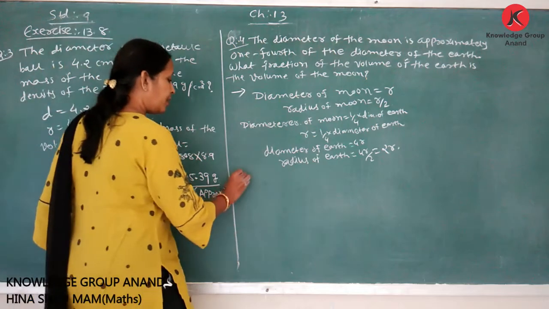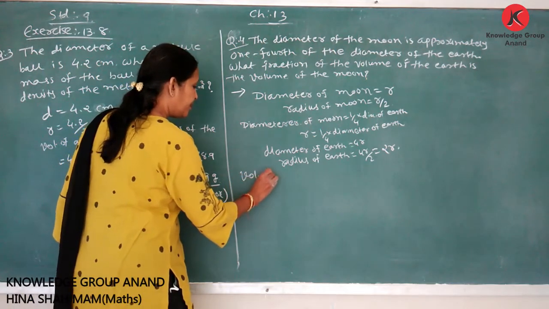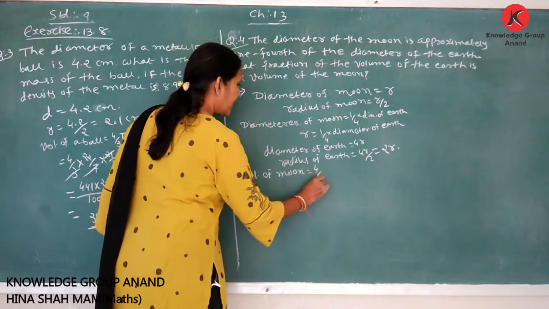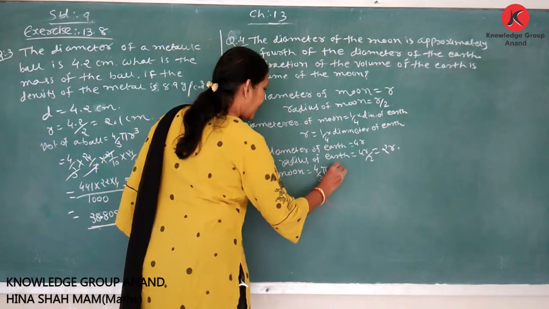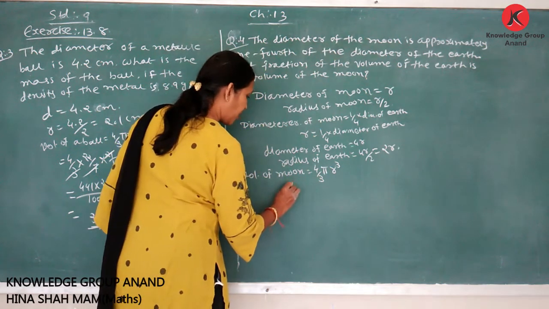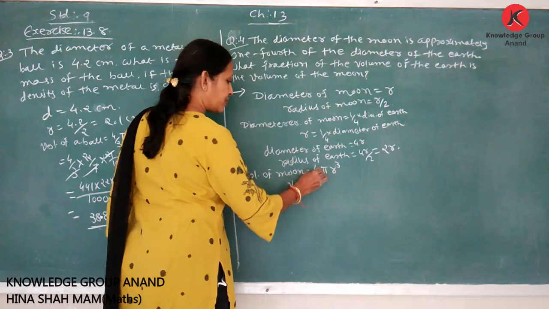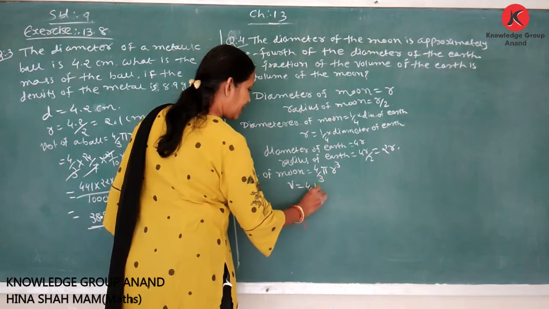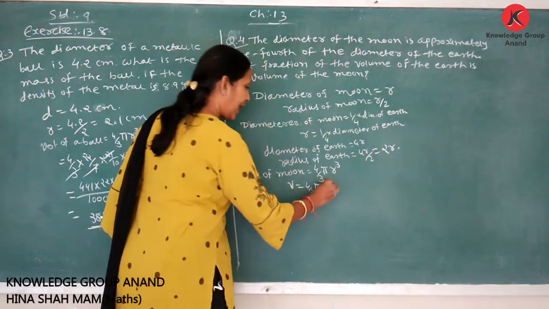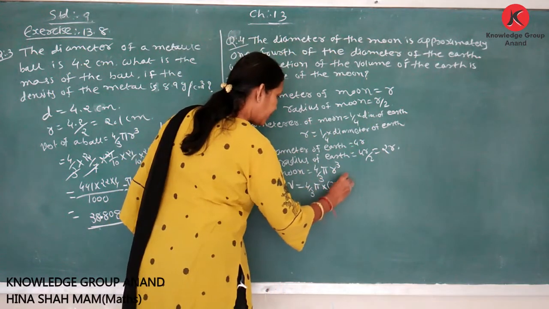Here we find volume of moon is equal to 4 by 3 pi r cube. It is denoted small v. It is equal to 4 by 3 pi into r, where r is the radius of moon, R by 2, cube.